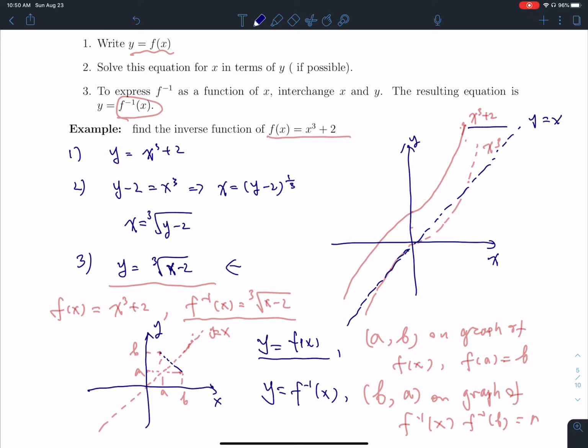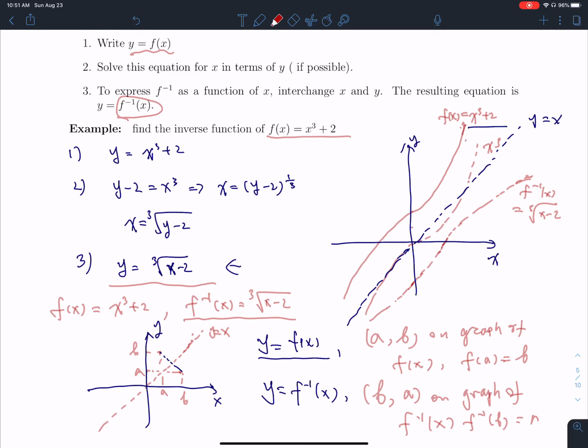I guess it's more like this. So this is f of x. This is f inverse of x equals cubic root of x minus 2.